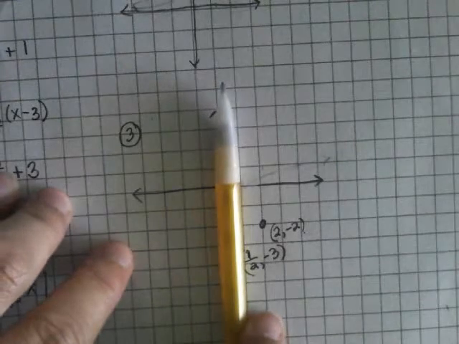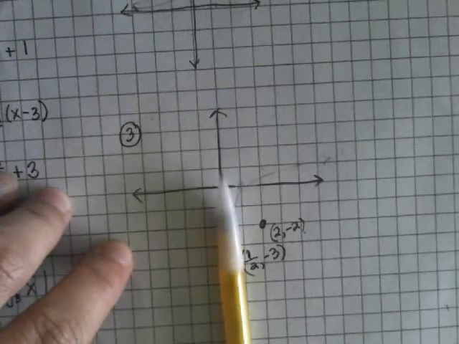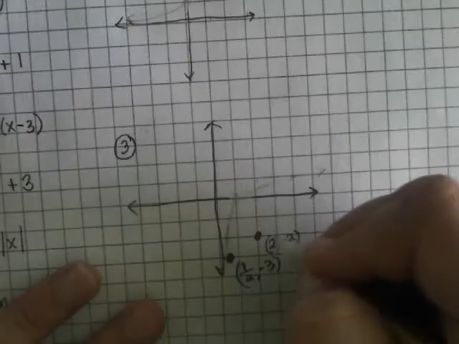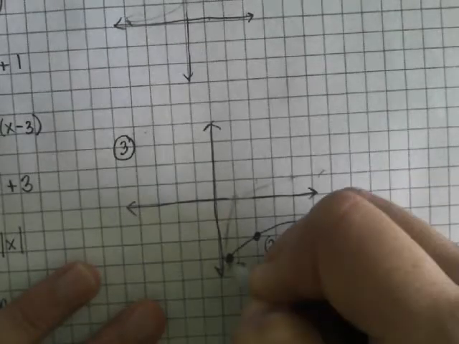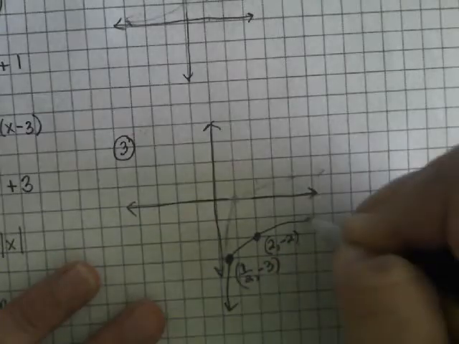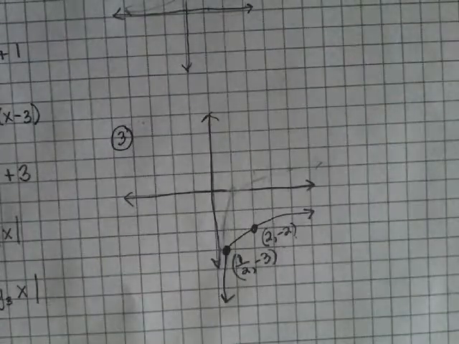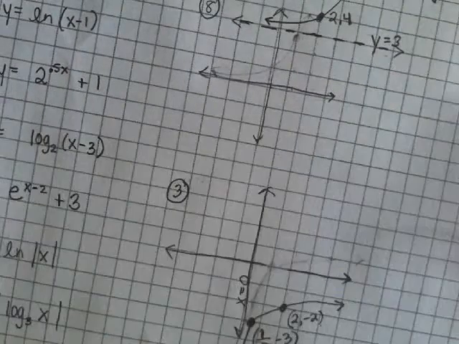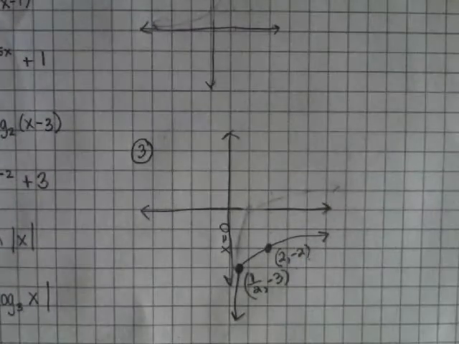So that asymptote has not moved, and my graph for this function looks like that, making sure we're approaching our asymptote, never crossing it. Label your asymptote, x equals 0. Always have 2 critical points and the asymptote label. Any questions on that?